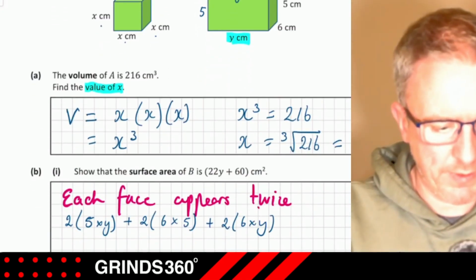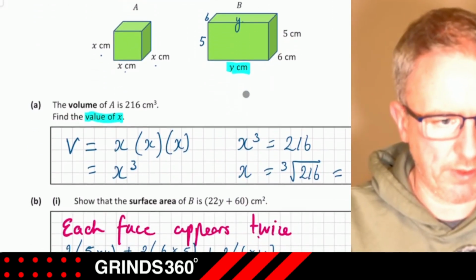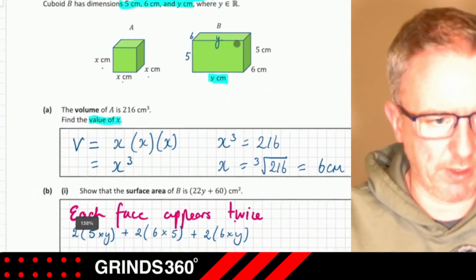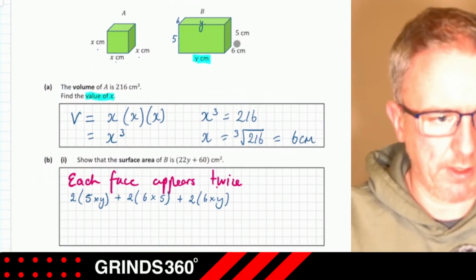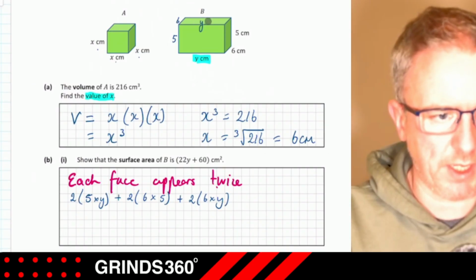All right. So as we look at the cuboid, that's my 5 by y. Just make it a little bit smaller on your screen for a sec. 2 of those, 2 of the sides, so 2 of the 6 by 5, and then a top and a bottom.